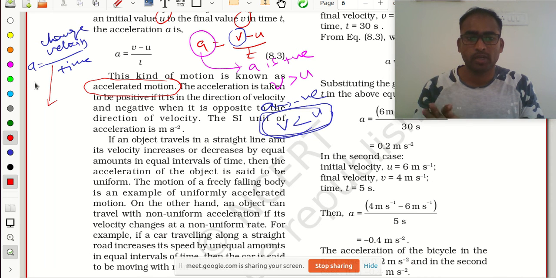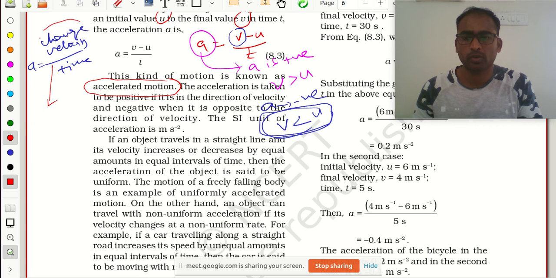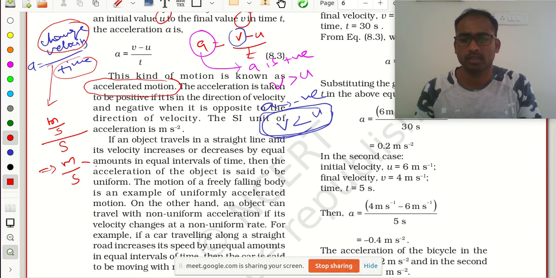Now we are going to calculate the unit of acceleration. Acceleration is nothing but change in velocity upon time. The unit of velocity is meter per second, and the unit of time is second. So I can say meter per second into 1 by s, that is meter per second square.